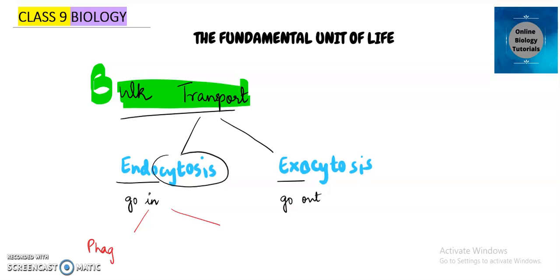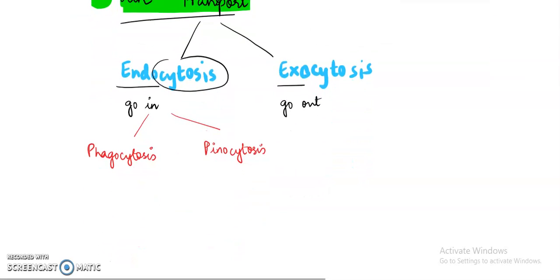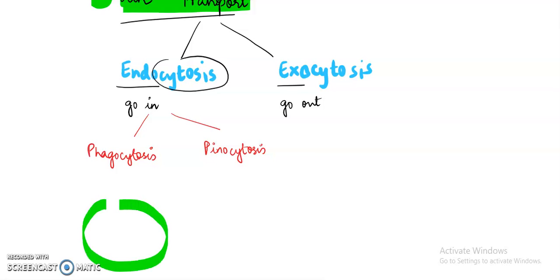Now further, endocytosis is categorized into two parts. One is known as phagocytosis and another is known as pinocytosis. Okay, one by one we will see the meaning of all these. Now suppose we have a cell and this is the plasma membrane. Okay, a vesicle or a vacuole comes with food in it.